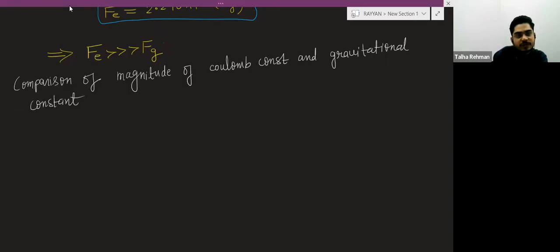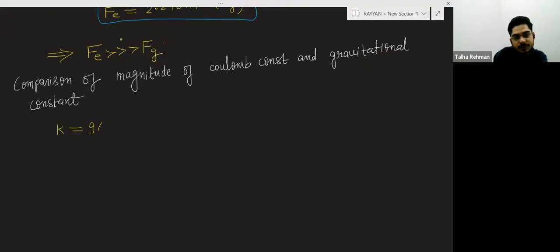The value of the Coulomb constant K is 9 into 10 to the power 9, and the universal gravitational constant is 6.67 into 10 to the power minus 11. Which one is greater? K is much greater than G.